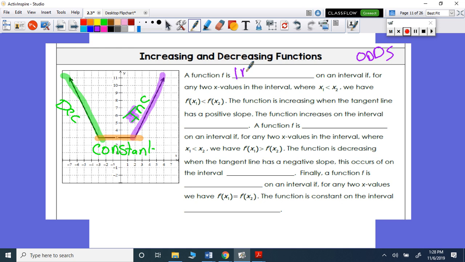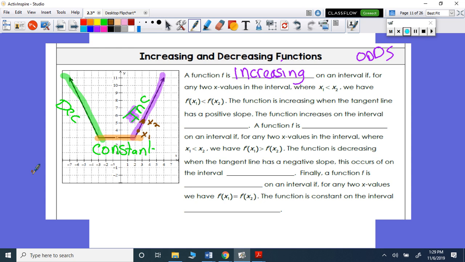So we can say a function is increasing on an interval if for any two values your first x is less than your second x. So if I pick these 2 points, would you agree that this x is smaller than that x because it comes first?